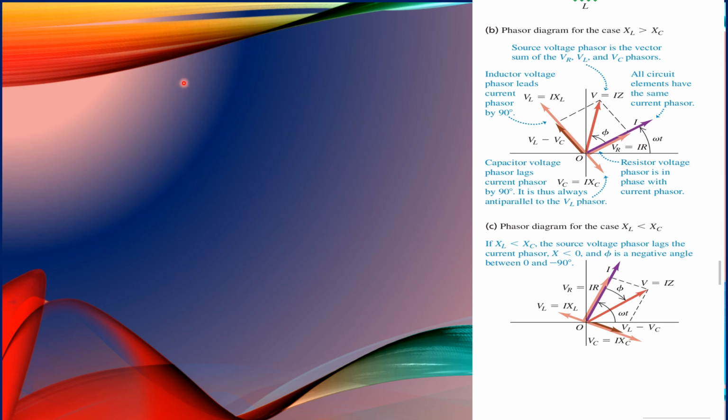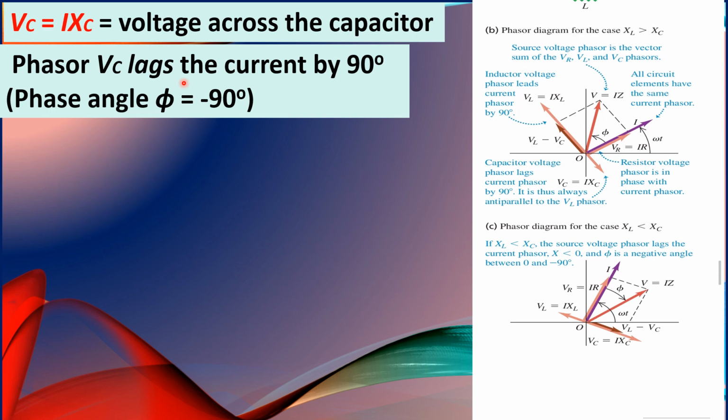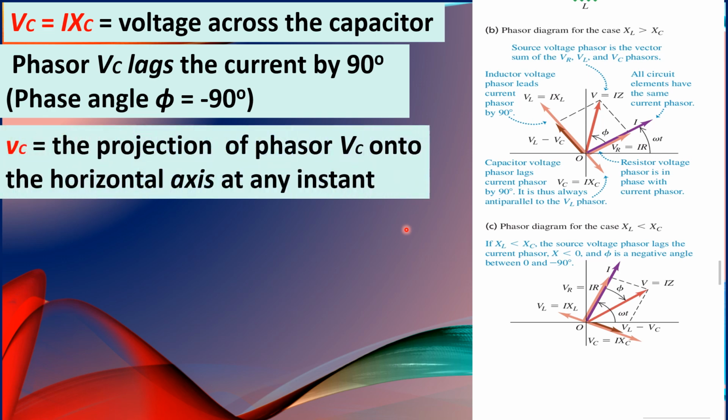The voltage across a capacitor, we say, lags the current by 90 degrees. Its voltage amplitude is labeled as capital V sub C, which is equal to the product of the current amplitude, capital I, and the capacitive reactance, denoted by capital X sub C. Its projection onto the x-axis at any instant is equal to small letter v sub c.